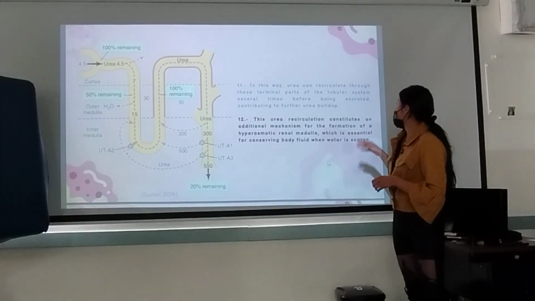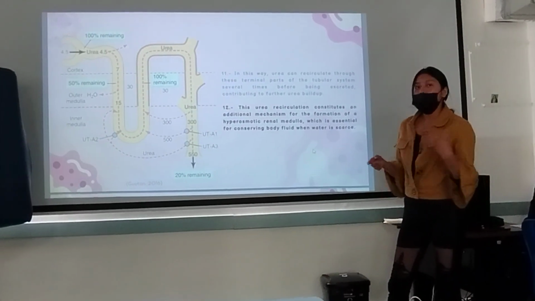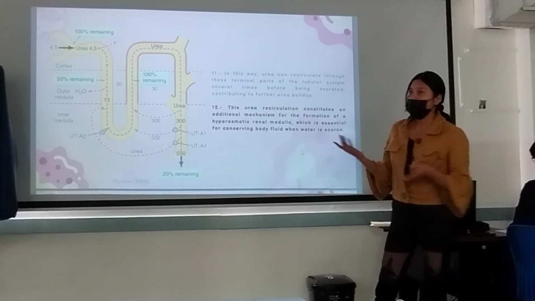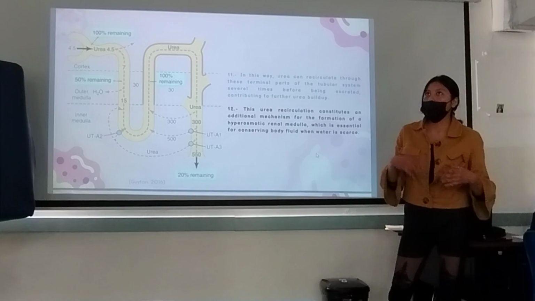This urea recirculation constitutes an additional mechanism for the formation of the hyperosmolarity of the renal medulla, which is essential for the conservation of body fluid when water is scarce.